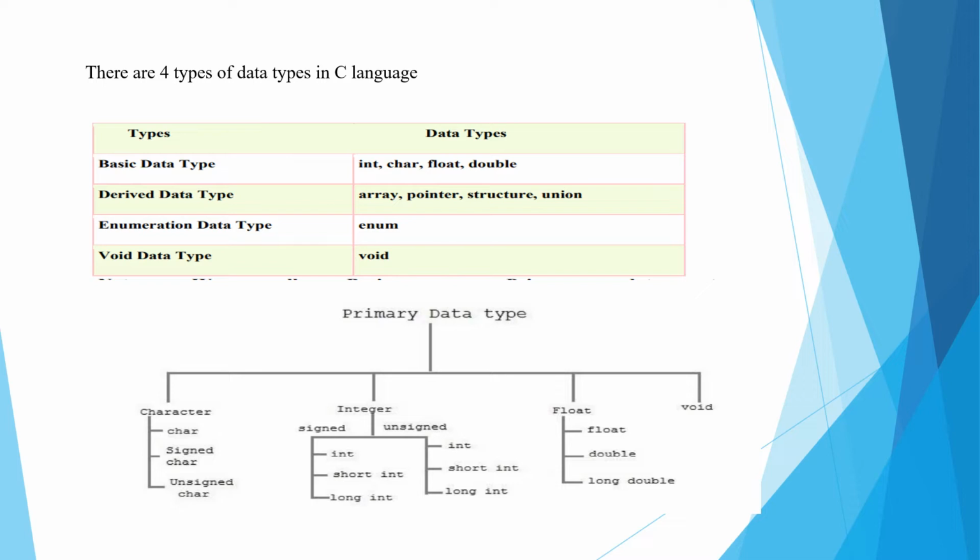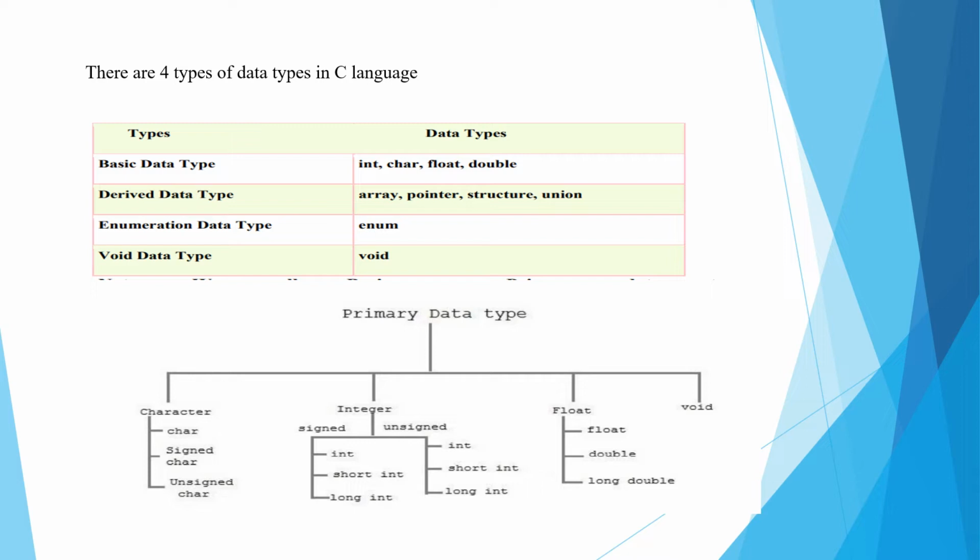Float is also called real numbers. These are numbers with a decimal point. Float is a keyword which is used for defining floating point numbers. Then double. Double is also a data type which is used for double precision floating point numbers. So these are all the basic data types in our C programming.